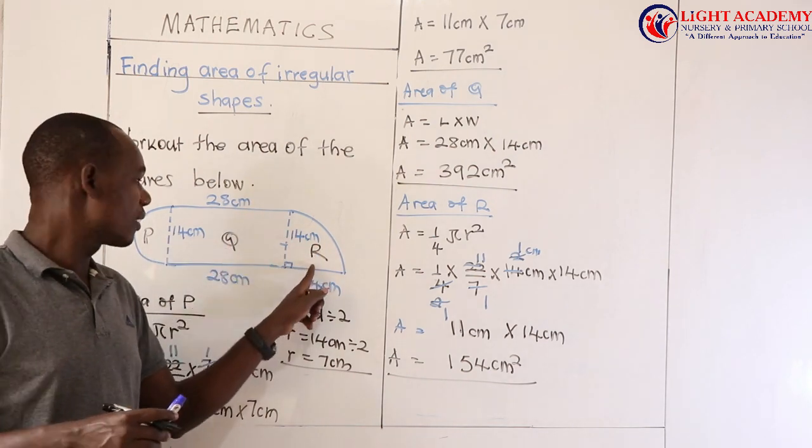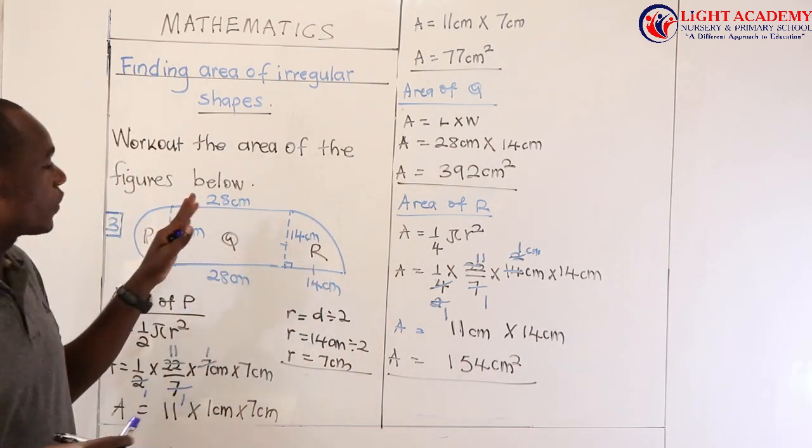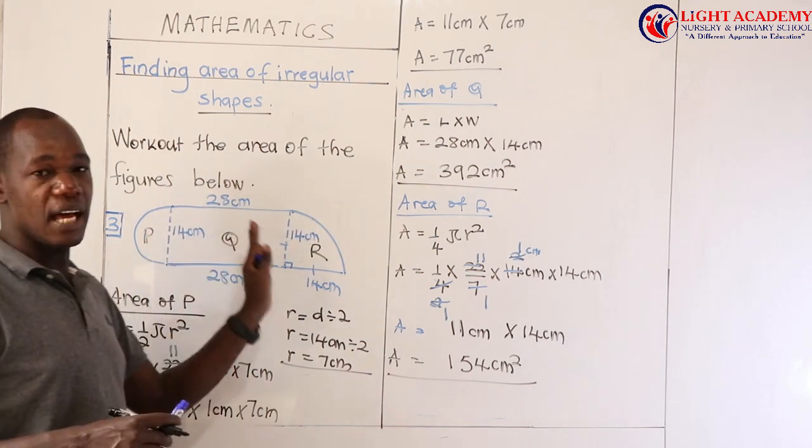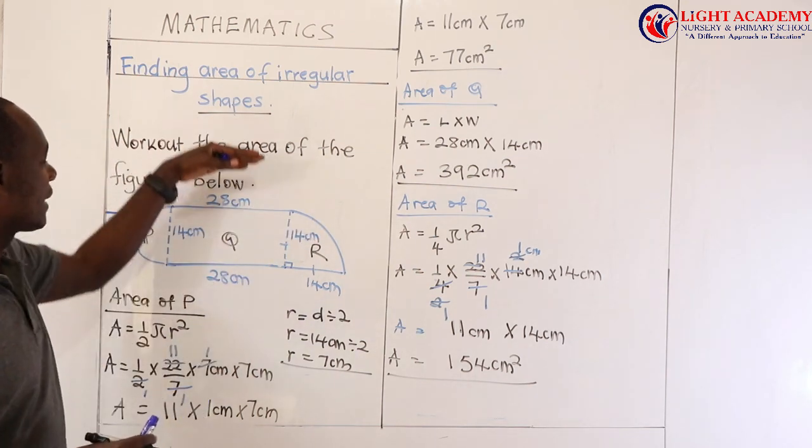So we have actually worked out the area of part P, the area of part Q, and the area of part R. So now we want to work out the total area of this irregular shape. So we shall now add all of them.